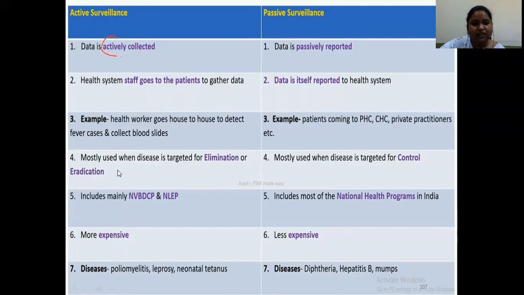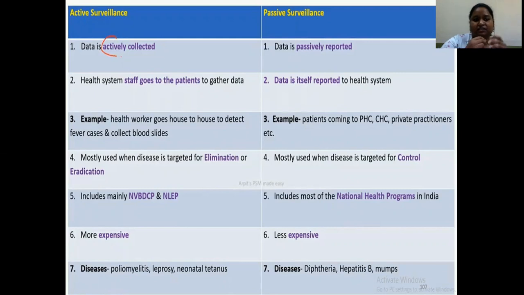Active surveillance is mostly used when a disease is targeted for elimination or reduction. When the disease is targeted for control, that is passive surveillance. Among the organizations, active includes NVBDCP and NLEP, and passive surveillance works under the national healthcare programs provided by India.